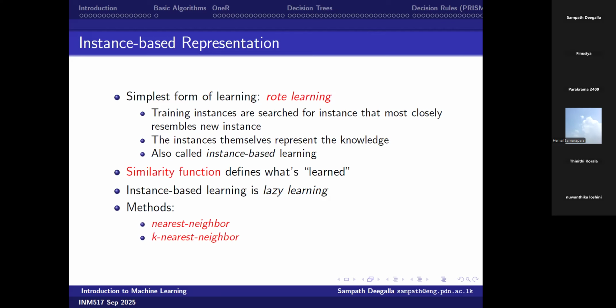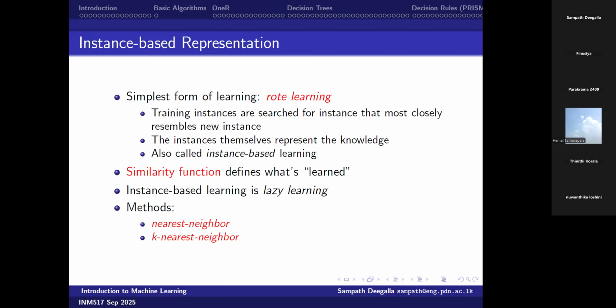Instead, it basically stores instances, and whenever you get a new situation and want to find out the outcome, you look for similar instances, and through that you make predictions, classifications, and so on. Since these classifiers consider the instances themselves, we call it instance-based learning, or sometimes rote learning.